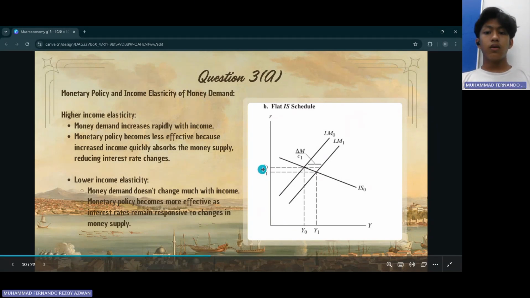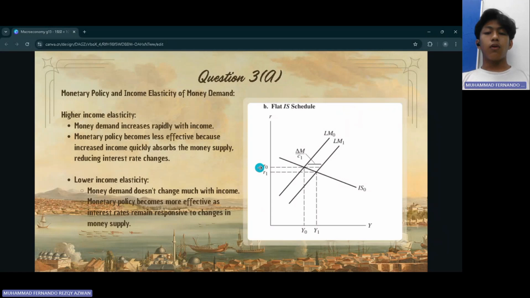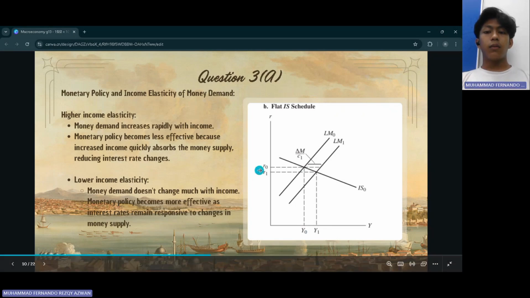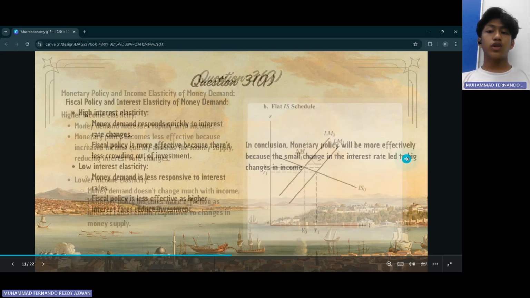When there's R1, the interest rate, that's going to be income Y1, but it's only a small change of the interest rate and a big change in the income. So the monetary policy will be much better for this question.